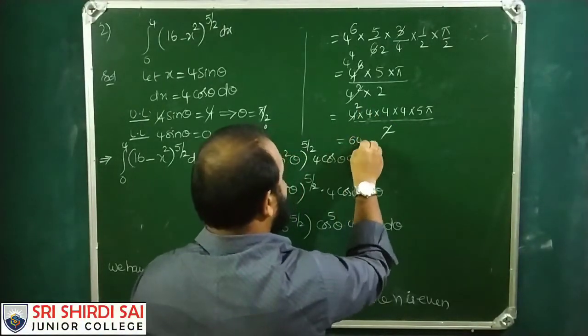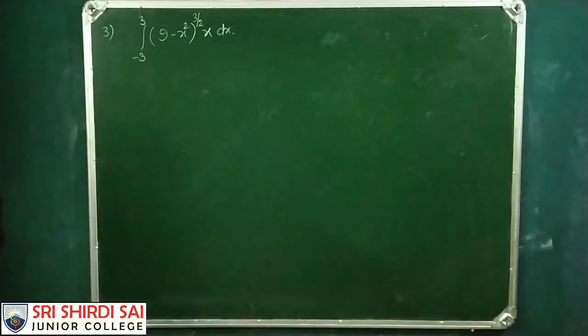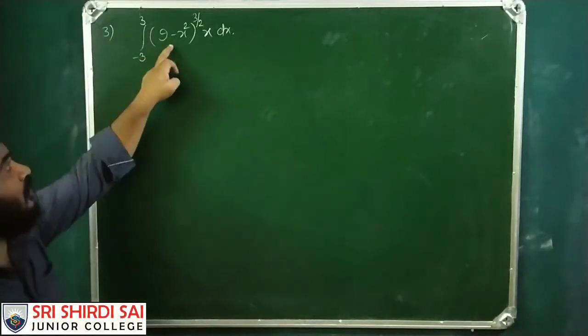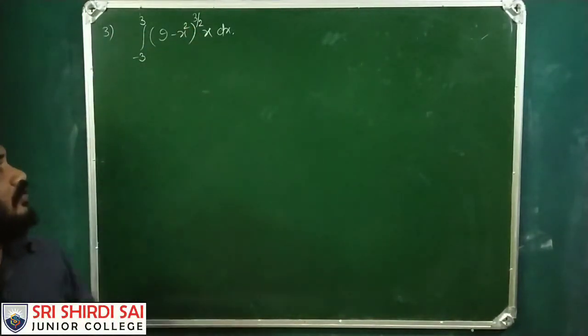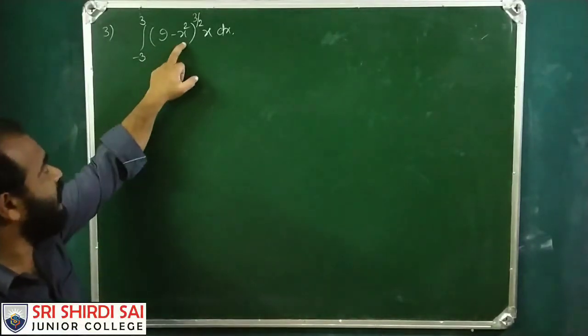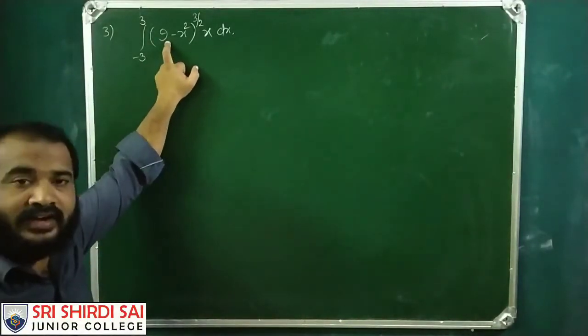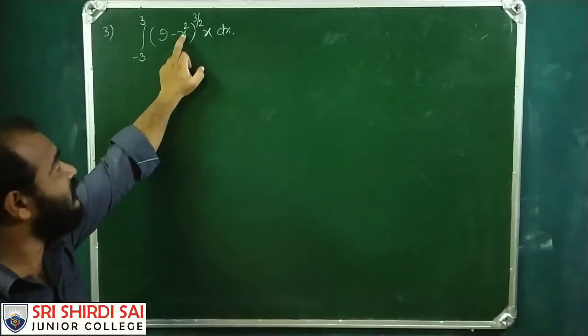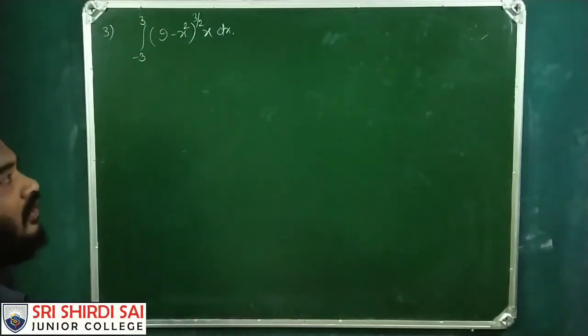So this is 640 pi. Next, integral minus 3 to 3 of (9 minus x square) whole power 3 by 2 into x dx. So let us take here 9 minus x square. 9 can be written as 3 square. Then x is equals to 3 sin theta if you take.